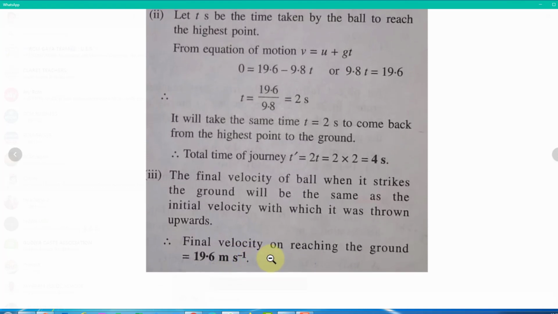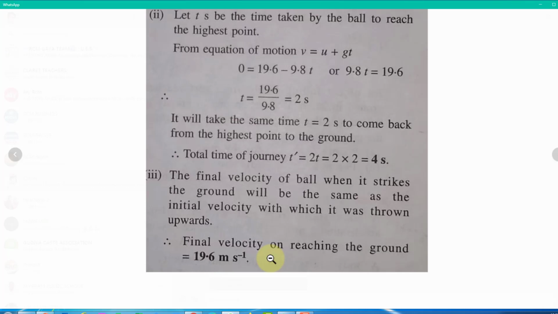Clear children? Here two things are for you to remember. First is time of journey, which means time of ascent plus time of descent. Time of ascent means time taken by the body to go to the highest point. Time of descent means time taken by the body to come back to the ground. When you add both, you will get total time of journey.